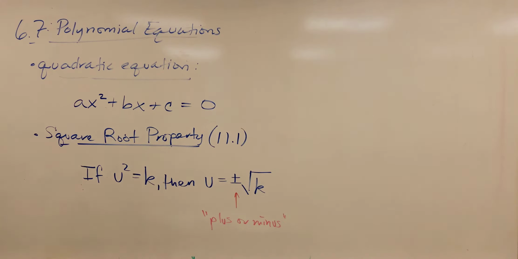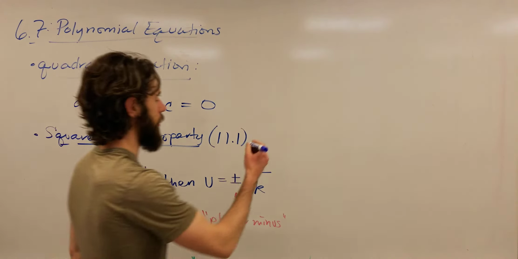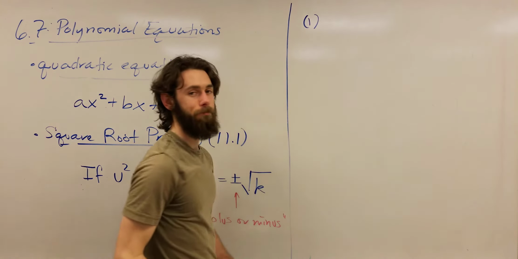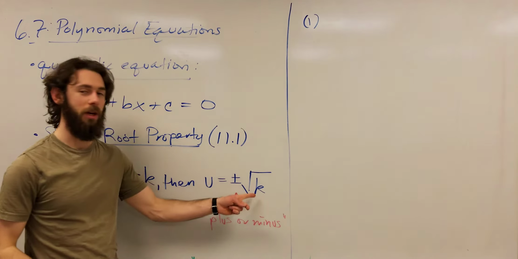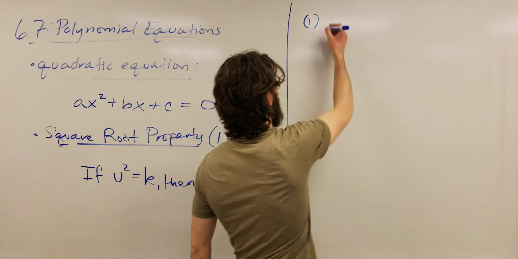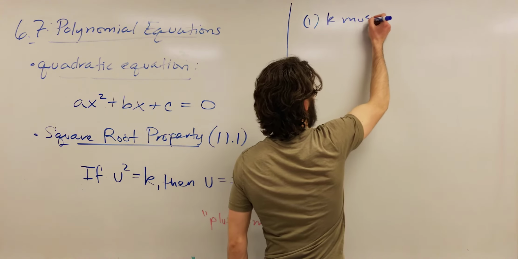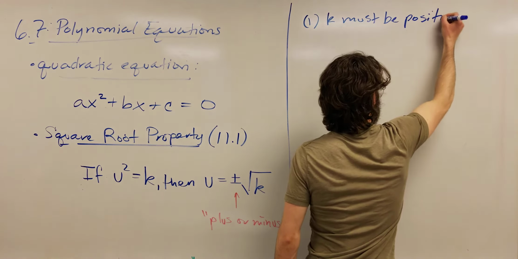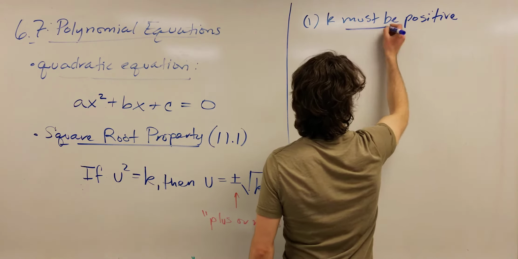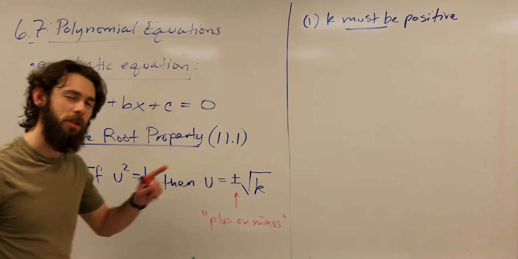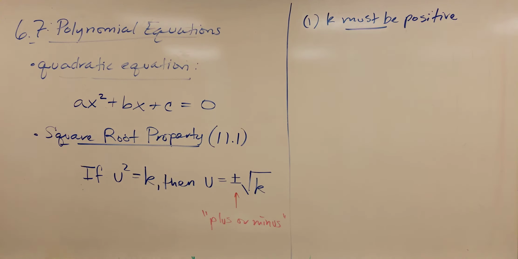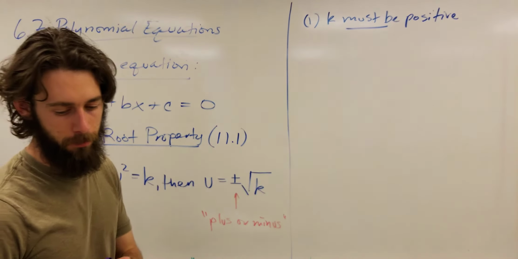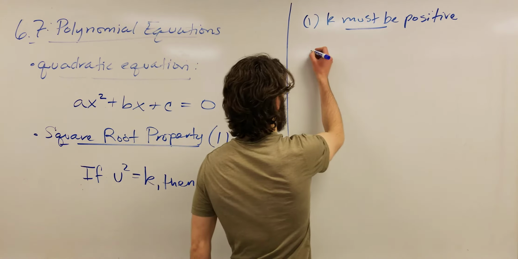All right, now a couple notes on this. One, k has to be positive or else we can't take the square root. And we'll see where that might show up when you're trying to solve one of these equations. Okay.